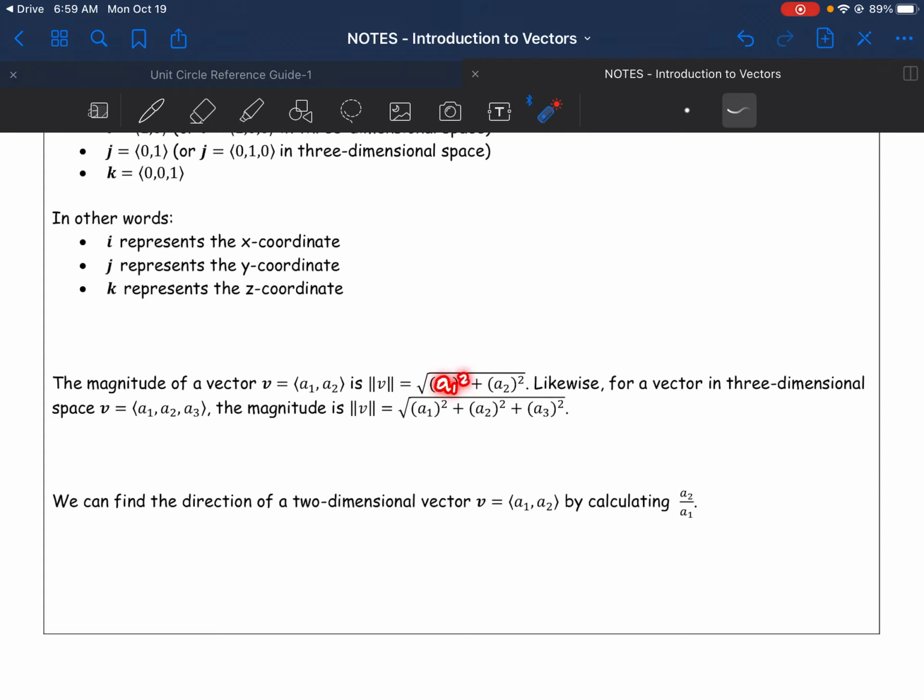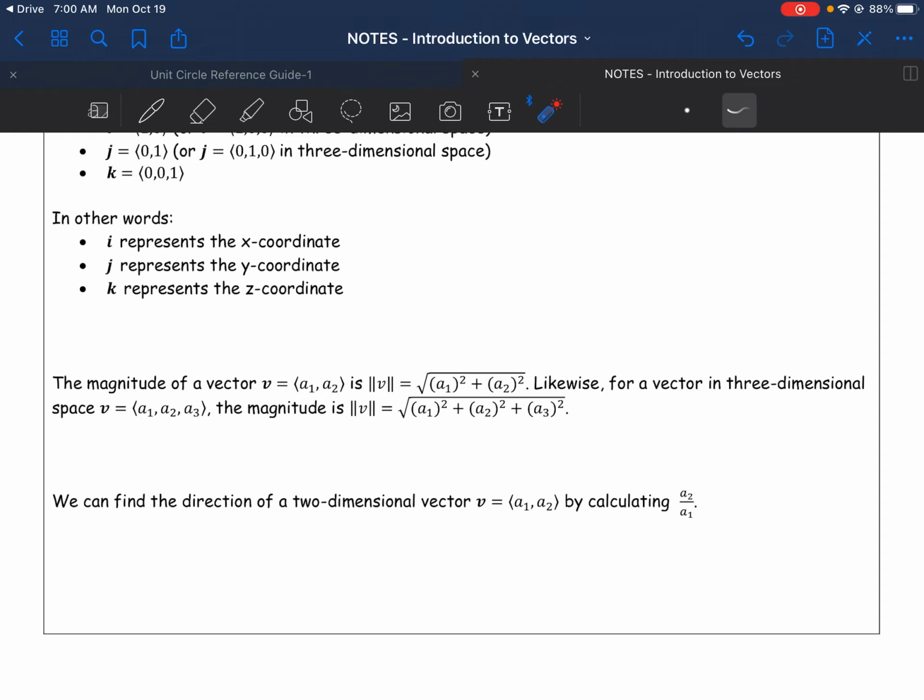So, here's the x component squared, here's the y component squared, and then we would take the square root of their sum. Likewise for a vector in 3-dimensional space, here's our x component, y component, z component, or i, j, k. Then the magnitude of that vector, we would take all 3 of those components, square them, add them together, and take their square root.